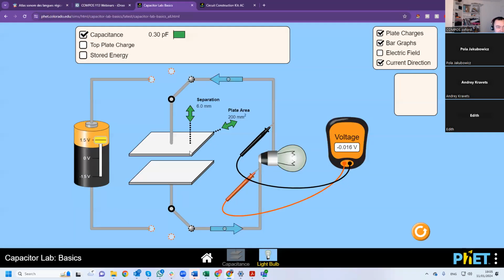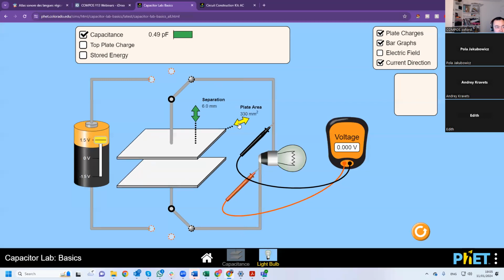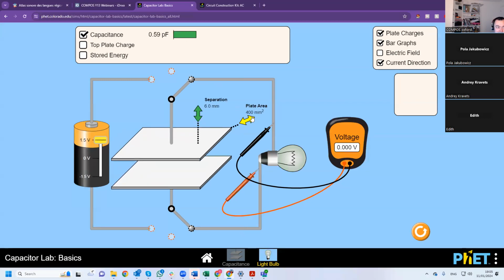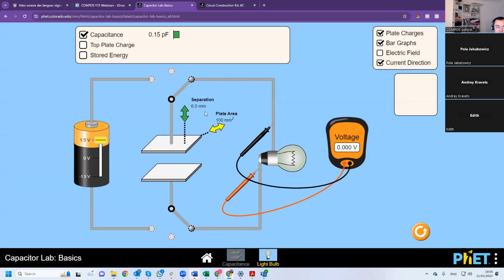Let's look at capacitors. If you look at the capacitor, the capacitance is 0.3 picofarads. Let's make the plates bigger. What happens to the capacitance if I make the plates bigger? The capacitance increases. If I make the plates smaller, the capacitance decreases.